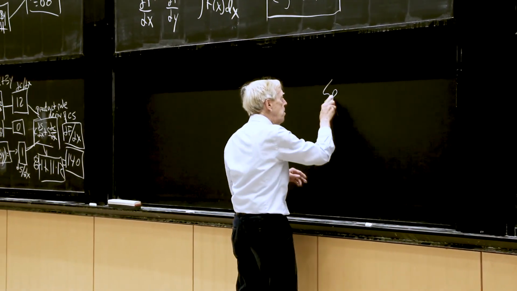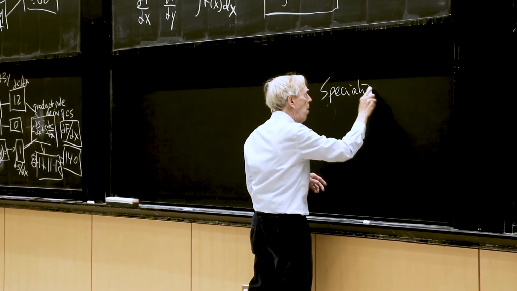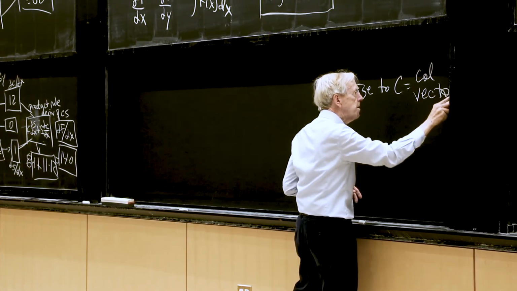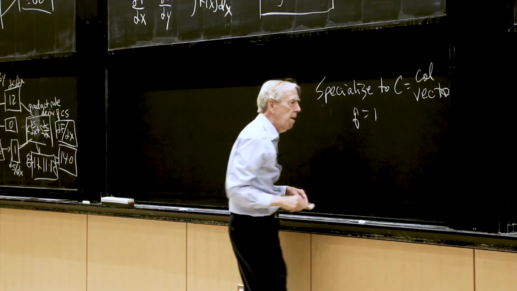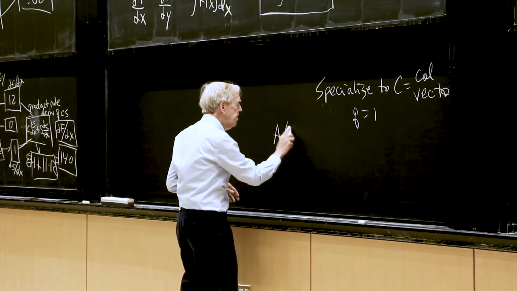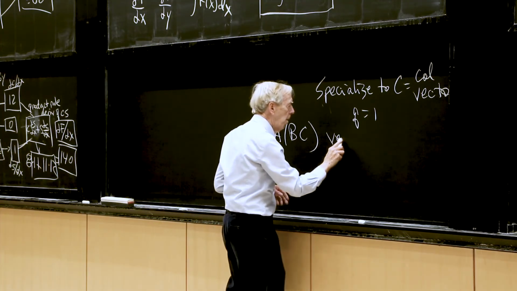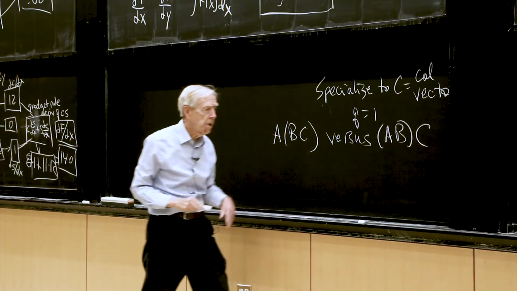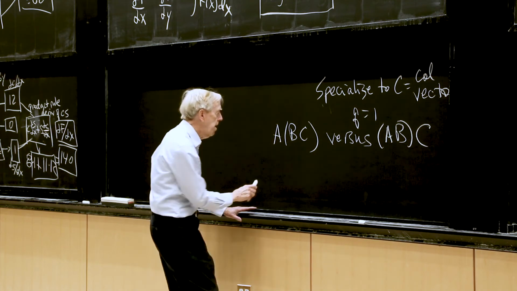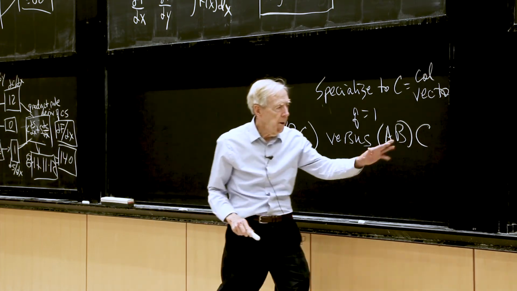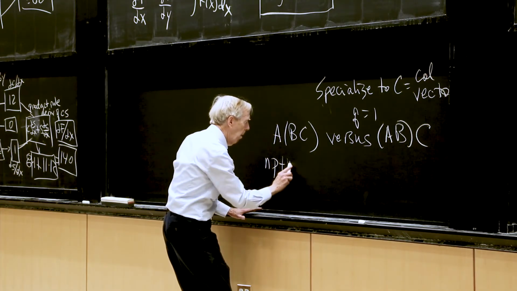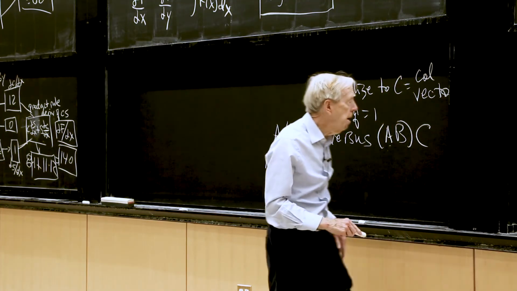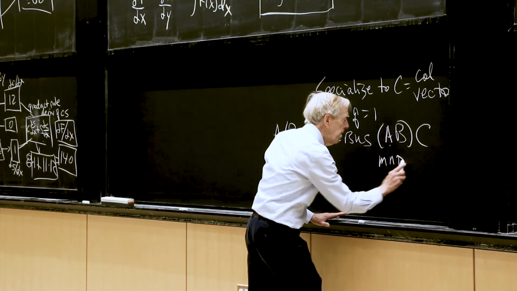Then A times BC versus AB times C. So NPQ is just NP, and MNQ is just MN, where AB is MNP. Oh, that's a bad one. Disaster already.